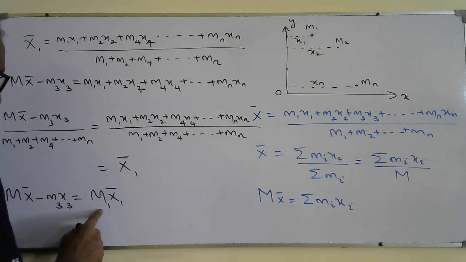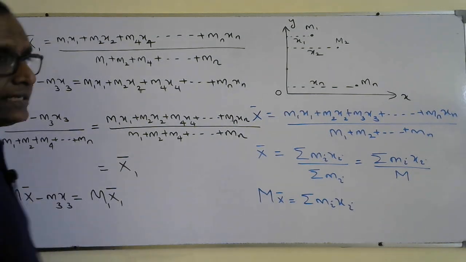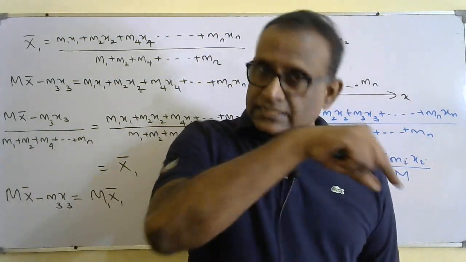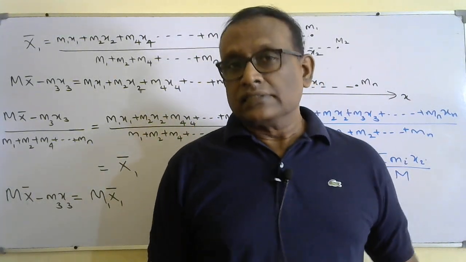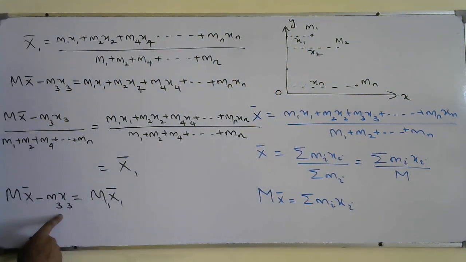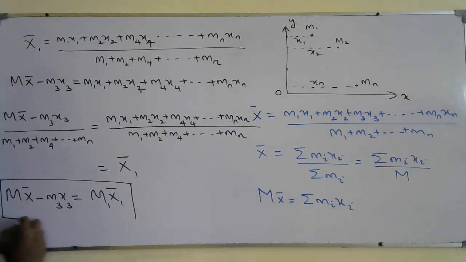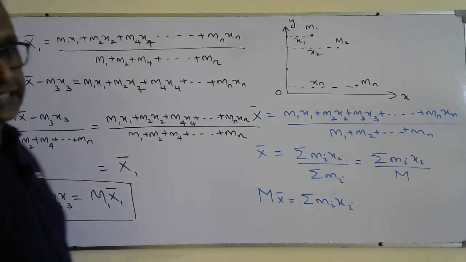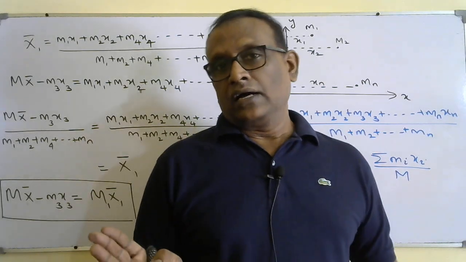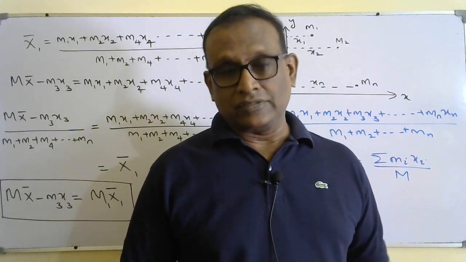So x1 bar into m1 is equal to the initial total mass before removing into the initial center of mass, minus the removed particle's mass into its earlier distance of center of mass from the axis about which we are measuring. We can use this idea easily in certain situations when a portion is removed from an initially given system of particles or object.